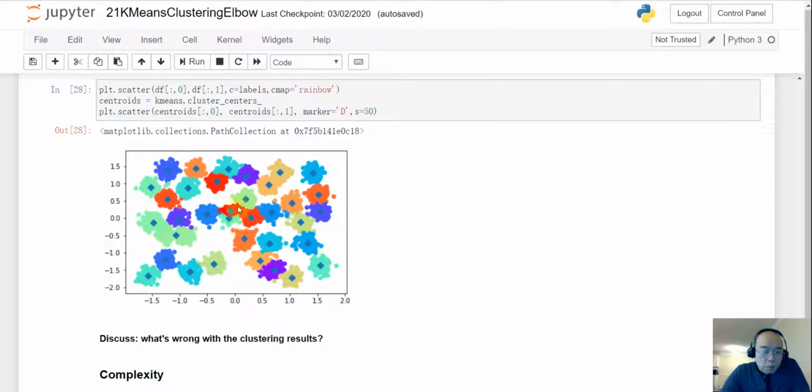What I can see is here, in the very center, there is one cluster that somehow receives two centroids. So there are two centroids dividing one cluster.